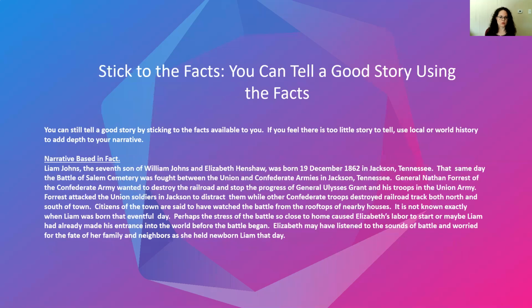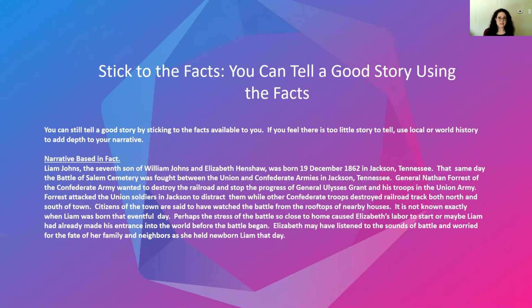In this example, you suggest feelings that may have been felt, or emotions that may have been felt that day, or the possibility that the husband fought in the battle that was taking place in his own town, but you haven't stated it as a fact. So I just wanted to point out the difference there.